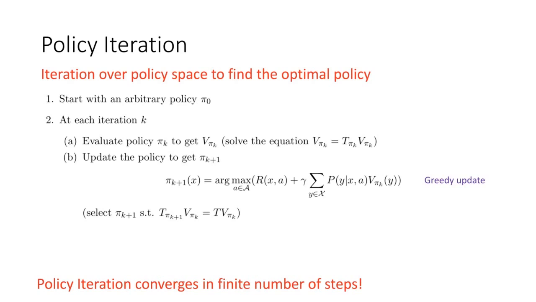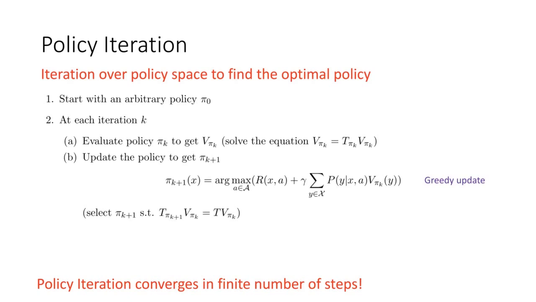Why am I emphasizing this idea of a finite number of steps? Because value iteration convergence is an asymptotic idea. We are saying that as k tends to infinity, value iteration will converge to the optimal value function. Here I am arguing that it takes only a finite number of steps to converge. So ideally, this seems to be an easier way to compute the optimal policy.